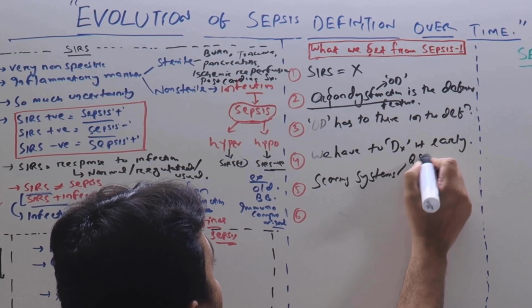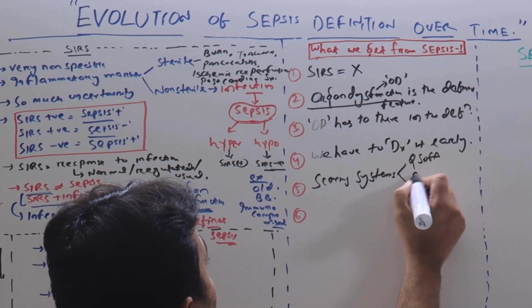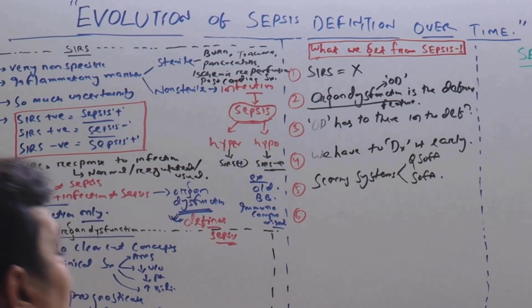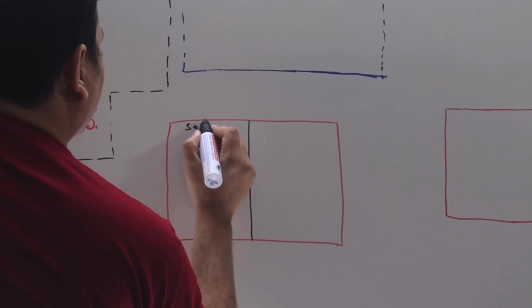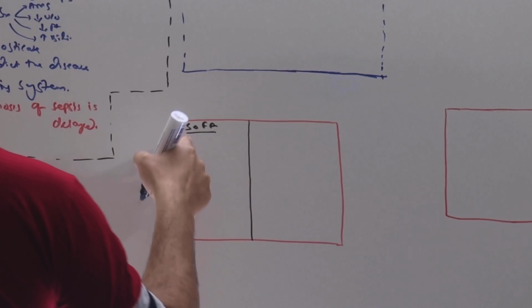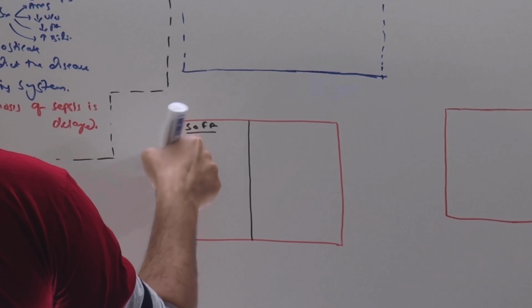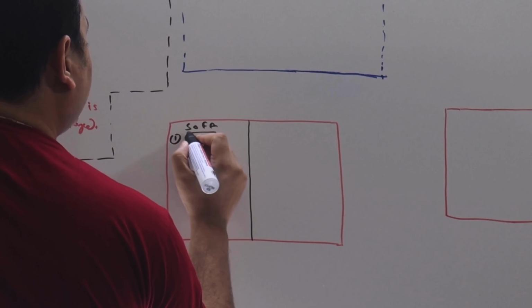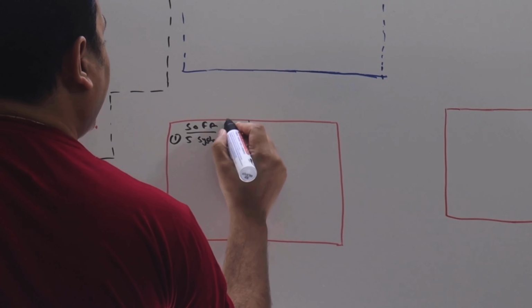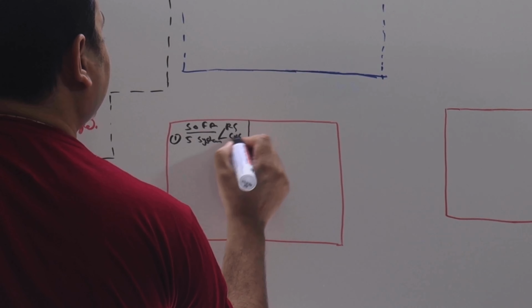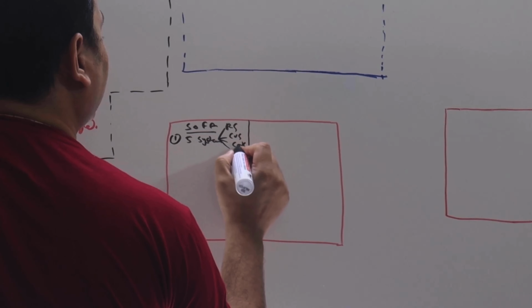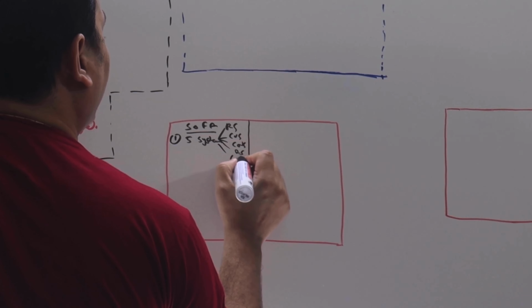One is called qSOFA, and another is called SOFA. What is qSOFA? What is SOFA? SOFA is sequential organ failure assessment, or sepsis-related organ failure assessment. This uses 5 systems: renal, CVS, CNS, respiratory, and coagulation.